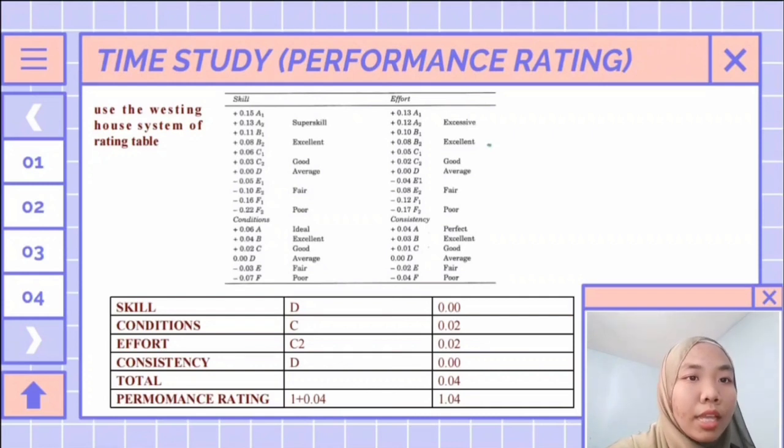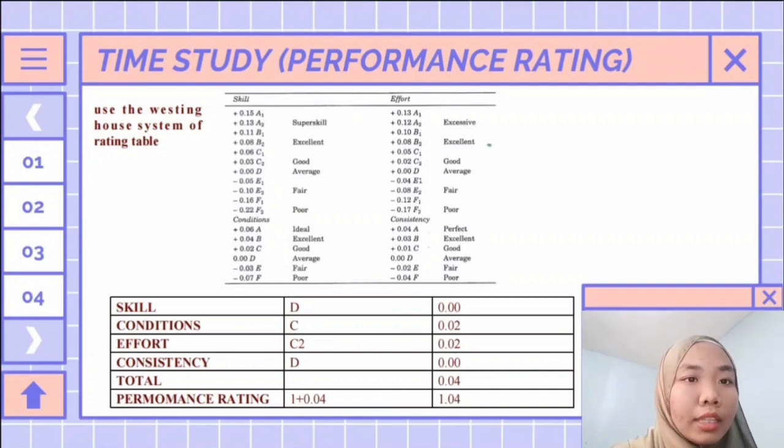The time obtained from time study was leveled by applying the sum of rating of these 4 factors.